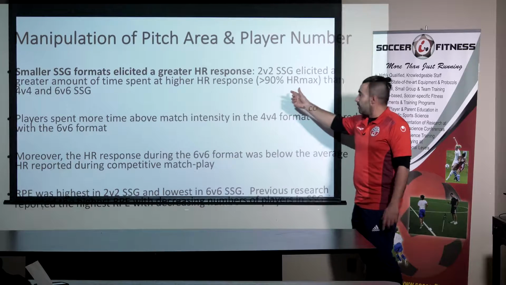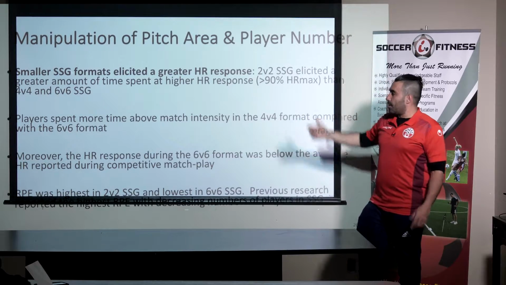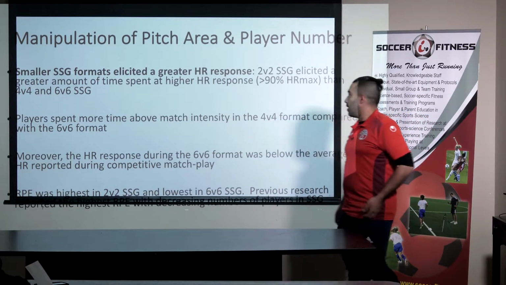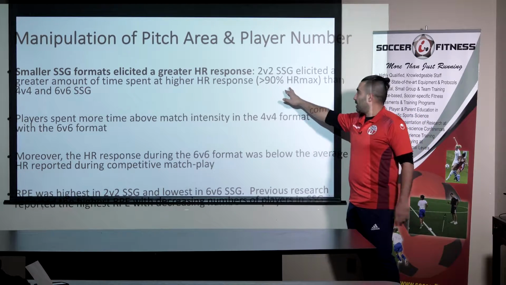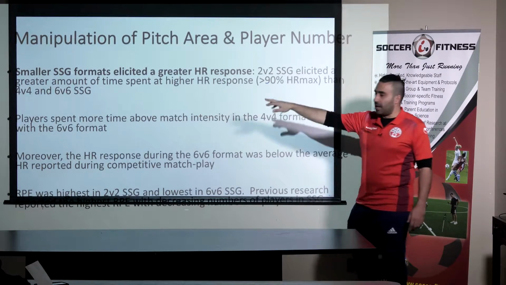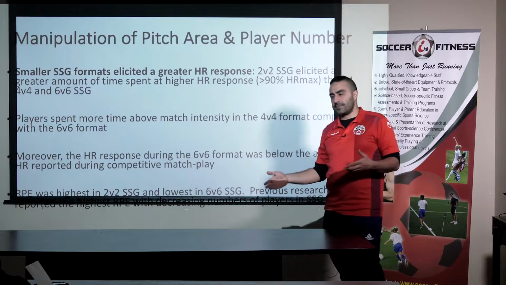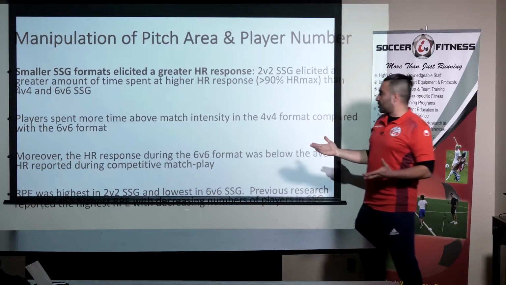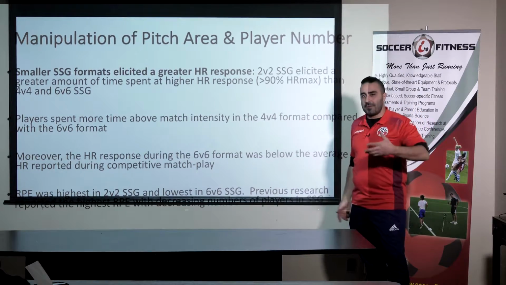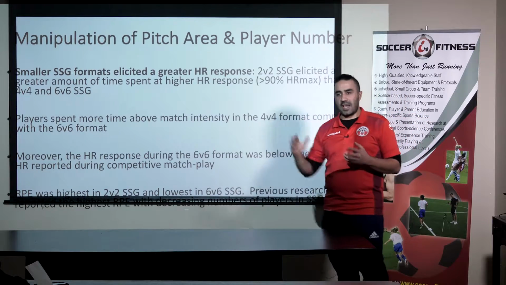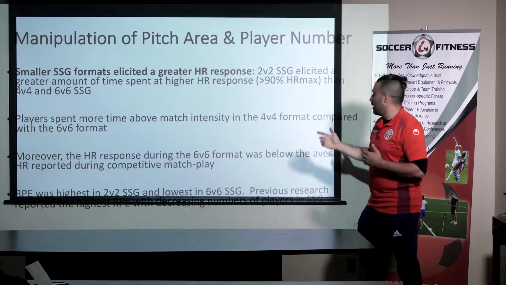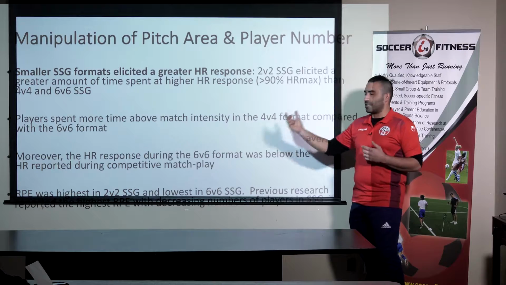In 2v2 games, there was a greater amount of time spent at higher heart rate responses, so more than 90% of the heart rate max, compared to 4v4 and 6v6. What this shows is that players spent more time above that match intensity, that competitive demand, in the 4v4 versus the 6v6.